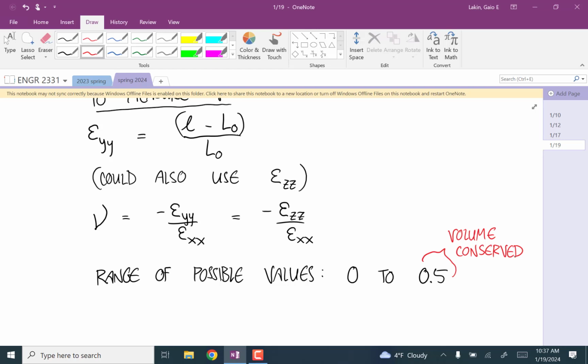Cork, most things have some positive Poisson's ratio. Cork has essentially a Poisson's ratio of 0, which explains why historically cork has always been used to seal bottles.